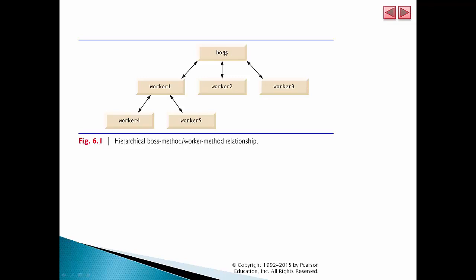Also, if the boss tries to call worker 4, it would also be a violation of this hierarchical relationship. So the boss cannot directly call worker 4. Instead, it has to call worker 1, and worker 1 has to call worker 4.